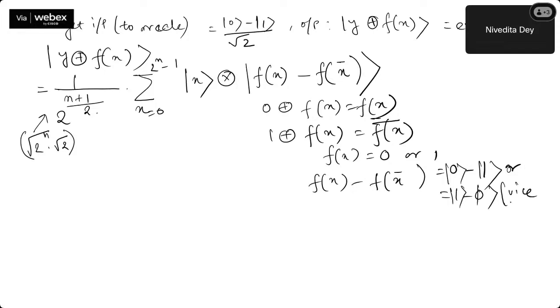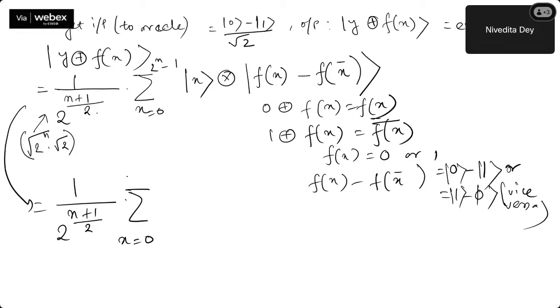Okay, so vice versa. Similarly, let me now rewrite it this way: 1 by 2 to the power n plus 1 by 2 times sigma x equals 0 to 2 to the power n minus 1, ket x product minus 1 to the power f of x. Okay, minus 1 to the power f of x.